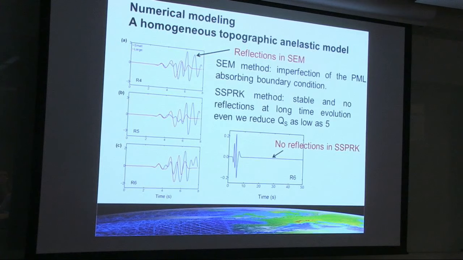In contrast, the solution provided by the SSPRK method is stable and there are low reflections at long time evolution, even when we reduce the QS as low as 5.